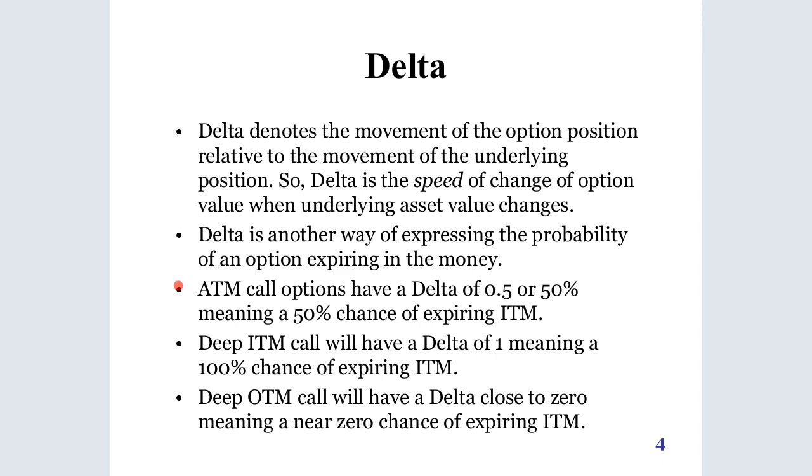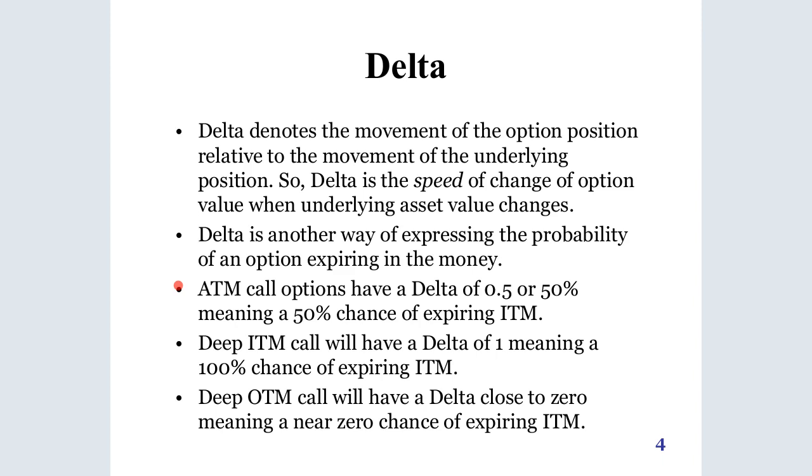Delta denotes the movement of the option position with respect to the movement of the underlying position. So in some sense, delta is the speed of change of the option value when the underlying asset value changes. Why is this important? Because delta is another way of expressing the probability of an option expiring in the money.